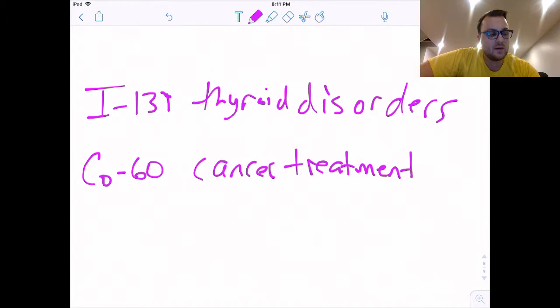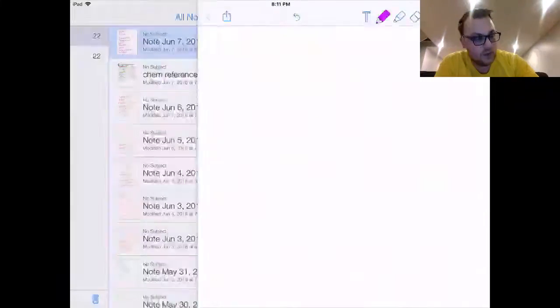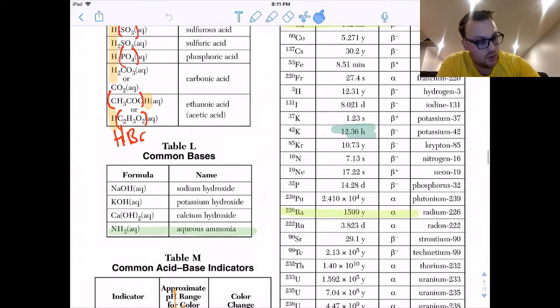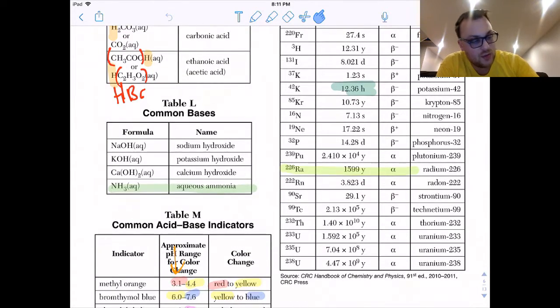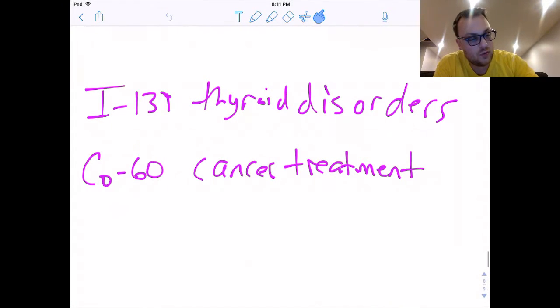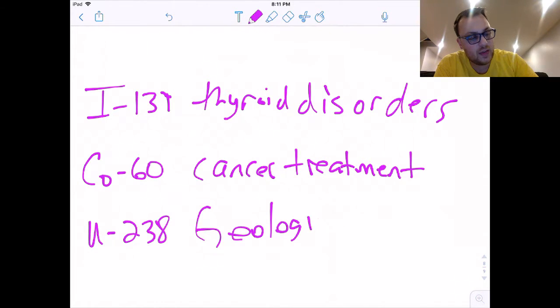I just did something with 232, so it's in my head. Yeah, 238. Just want to make sure I did the right one. Uranium-238 is for geology. So it helps date rocks and stuff. Dates things that were never alive. Dates inorganic matter.